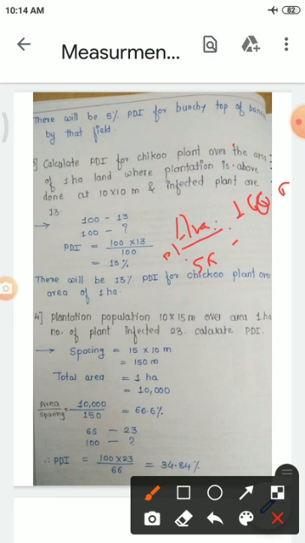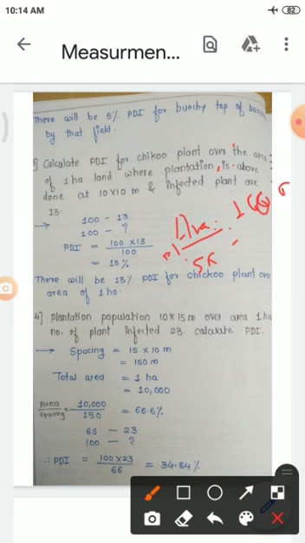So as per the data given in the example, out of 100 plants, 13 plants are infected. For calculation of PDI in percentage, out of 100, how many plants are infected?